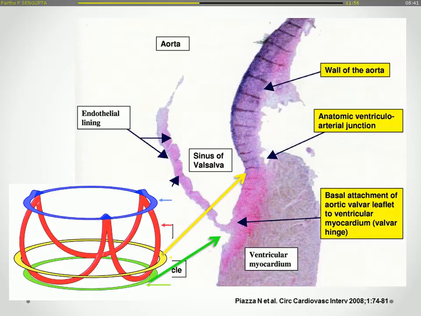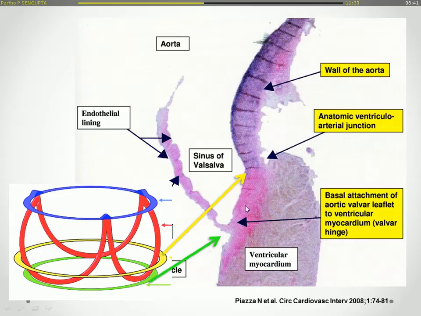And TAVR has really provided us a proper insight into understanding the aortic annulus. If you see the anatomical specimen shown here, you will see that the aortic leaflet joins the LV outflow region far lower than the anatomical ventricular arterial junction.